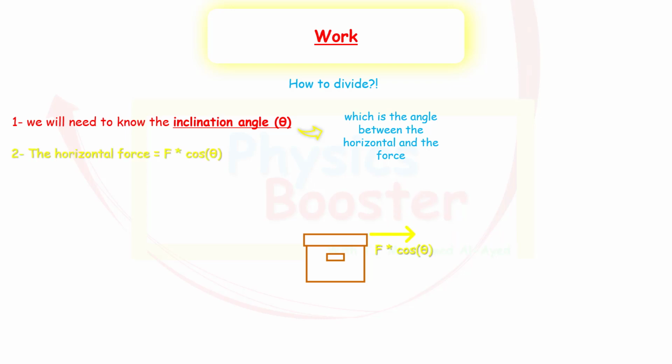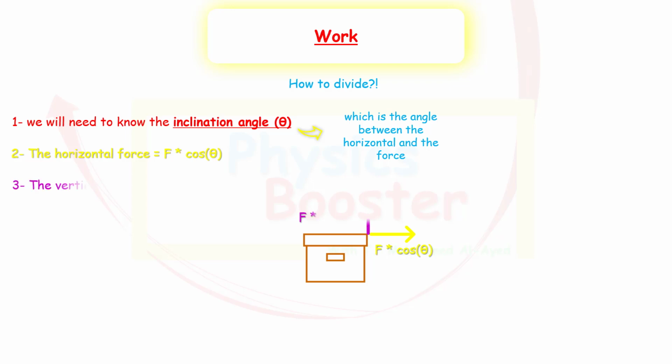The second step, I can say that the force which is horizontal, going in the x direction, will be equal to the force multiplied by cosine of the inclination angle. As I said before, some of you already know this. I will find the x component of the force by multiplying the force with cosine of the inclination angle.